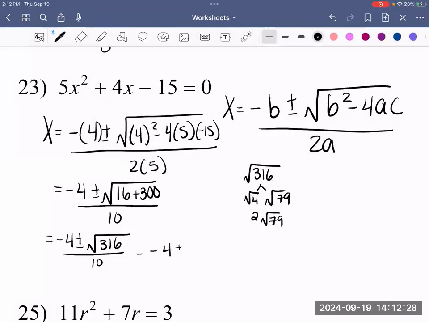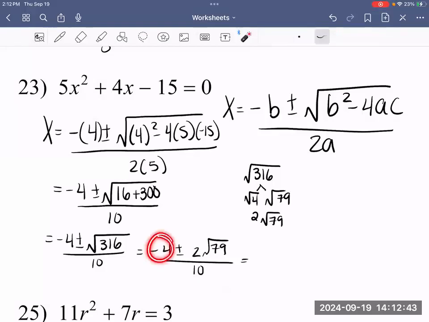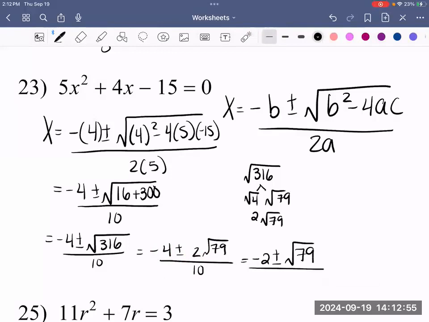Negative 4 plus or minus 2 square root of 79 all over 10. Let's see, 10 and 10, 4, 4, 2, and 10. Now that everything has something in common, we can actually go ahead and reduce. So we can say this is negative 2 plus or minus the square root of 79, I can't talk today, all over 5.